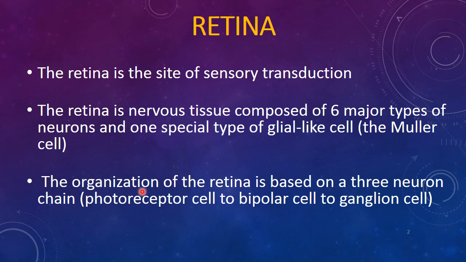The organization of the retina can easily be understood by appreciating the fact that it is only 3 neurons deep. These 3 neurons, which play the important role in the histological organization of the retina, are the photoreceptor cells, the bipolar cells and the ganglion cells. So it is only 3 neuronal layers deep.